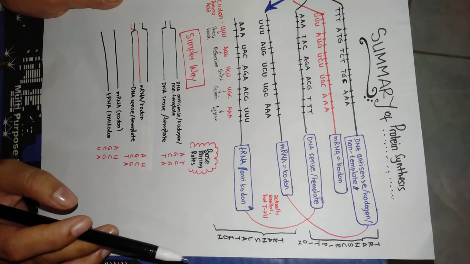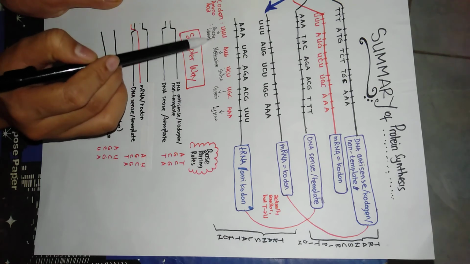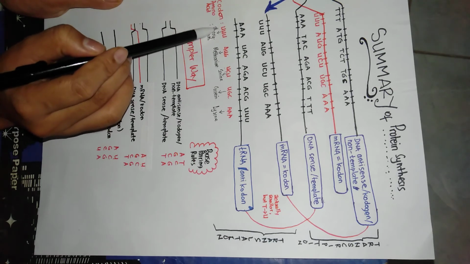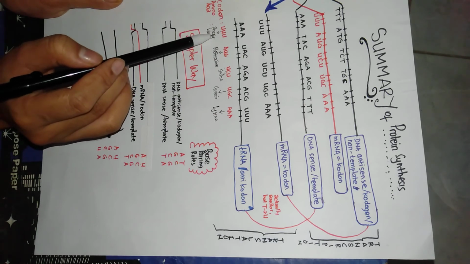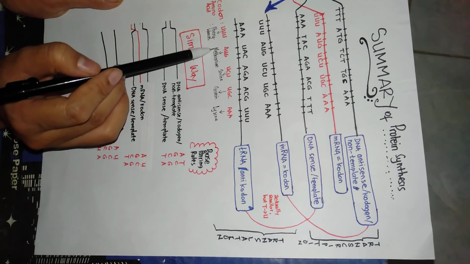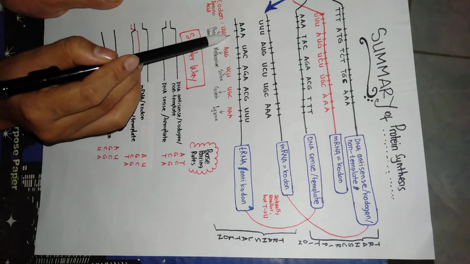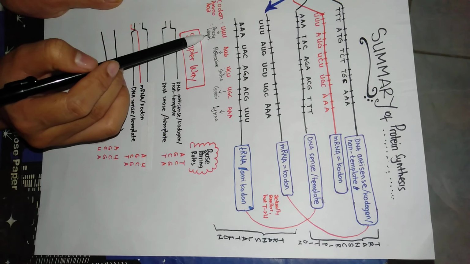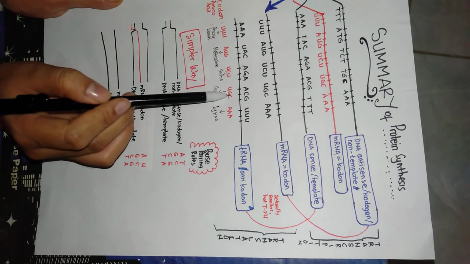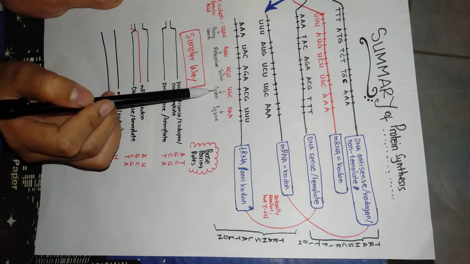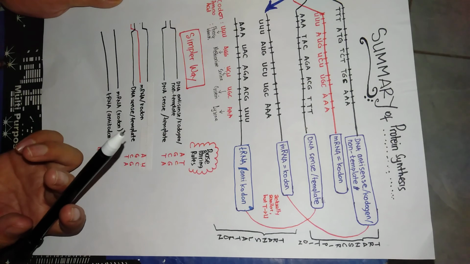We can find phenylalanine from UUU, methionine from AUG, serine from UCU, because these triplets code for these amino acids. I'm going to share the table of genetic codes after this.